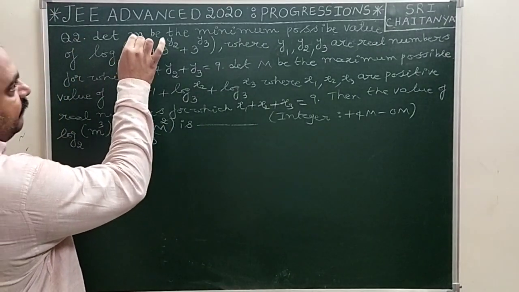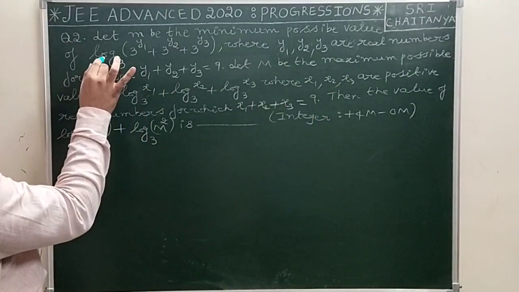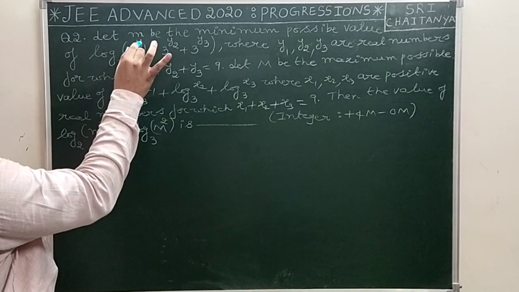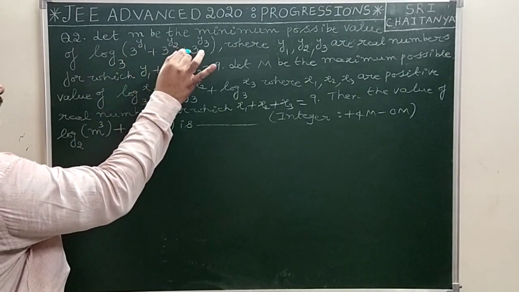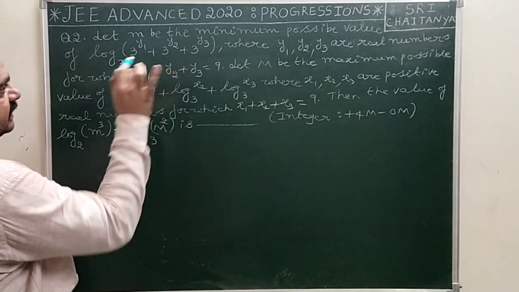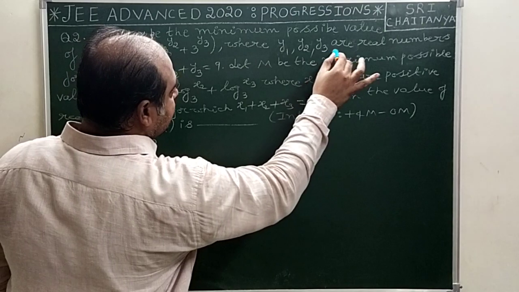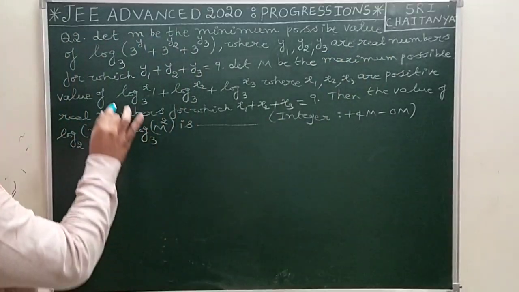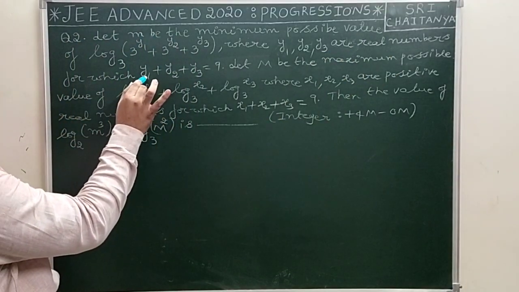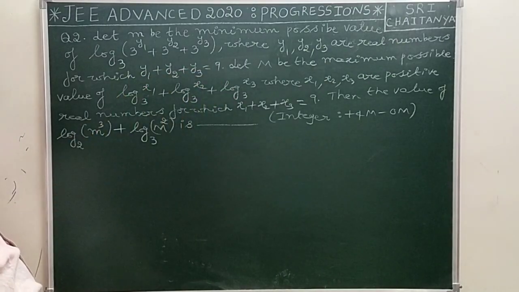Let m be the minimum possible value of log base 3 of (3 power y1 plus 3 power y2 plus 3 power y3), so a logarithmic function is given, where y1, y2, y3 are real numbers satisfying y1 plus y2 plus y3 equal to 9.